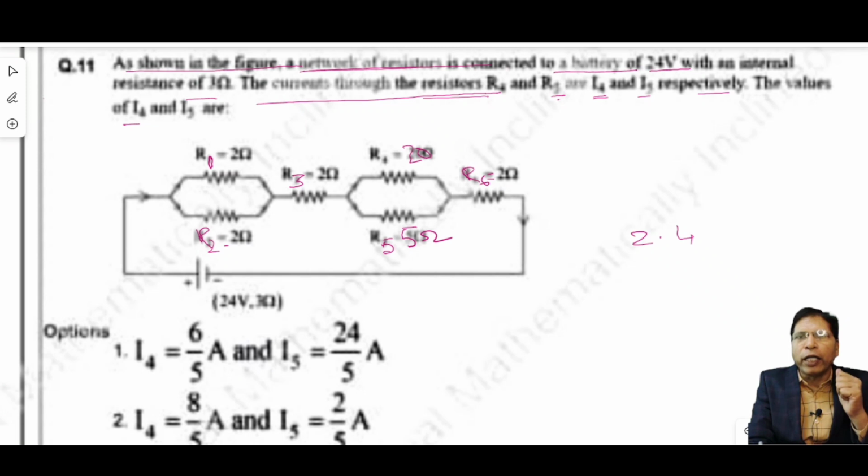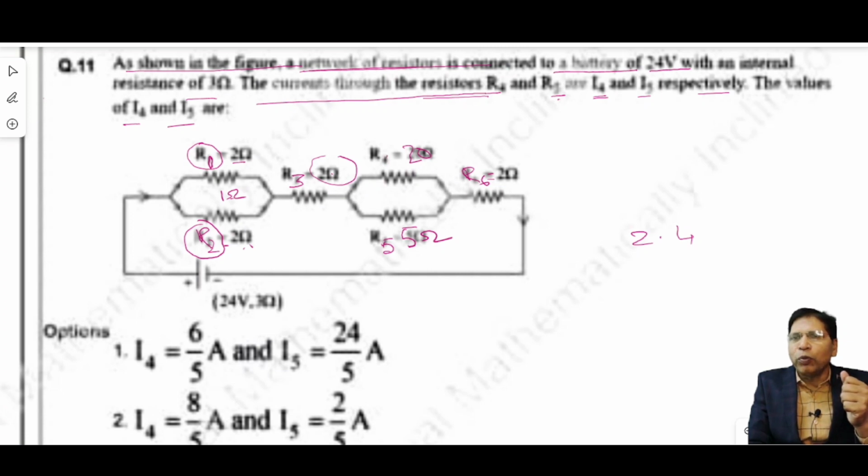Then the values of I4 and I5 are... Now look at this. This is the resistor R1, 2 ohm. This is the resistor R2, also 2 ohm. The equivalent resistance of these two is 1 ohm. This is R3, 2 ohm. So 1 ohm plus 2 ohm is 3 ohm.